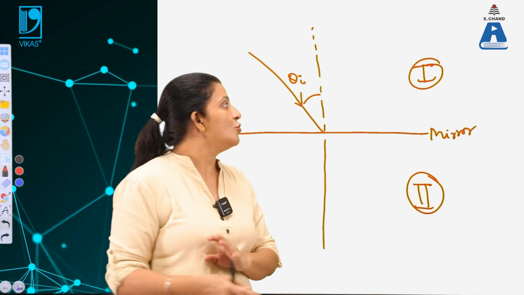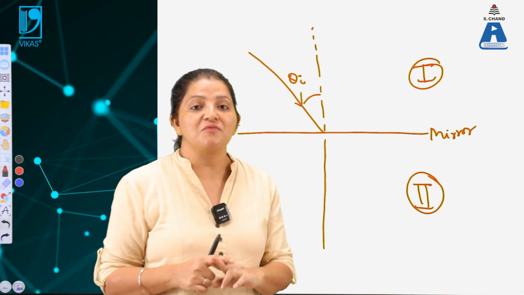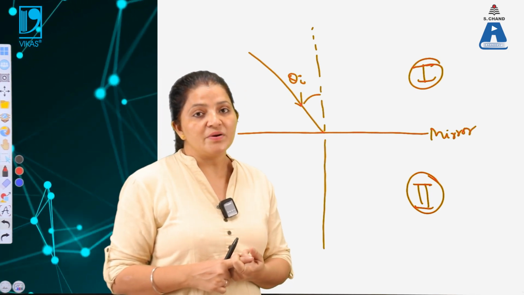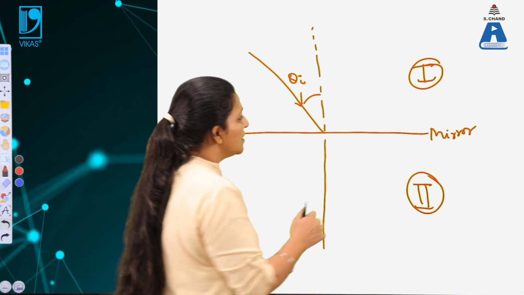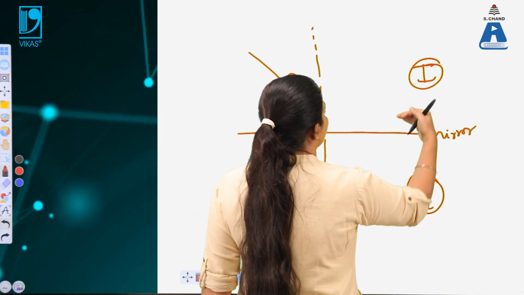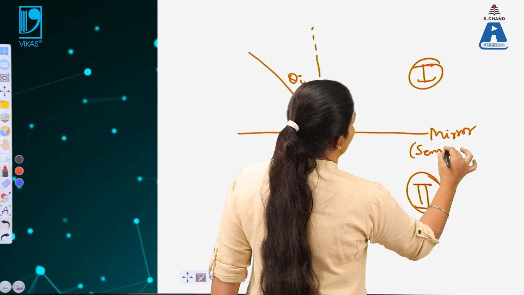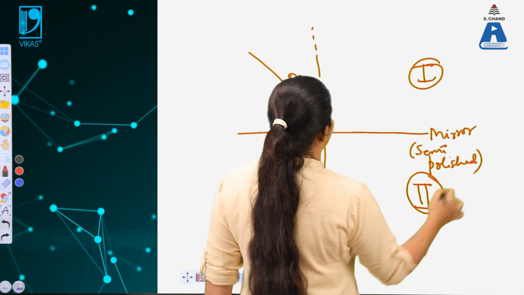So in order for some portion of the light to get reflected and some portion to get refracted, the mirror surface must be semi-polished. That means from both ends, the front and back, the mirror surface must be semi-polished. That is the main requirement over here.